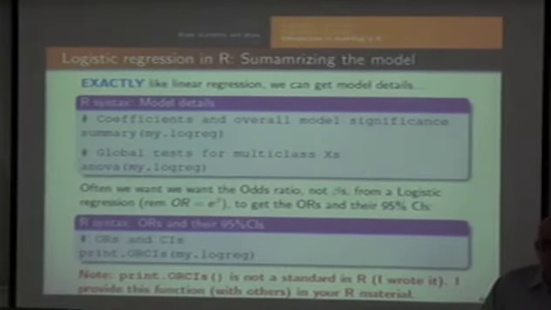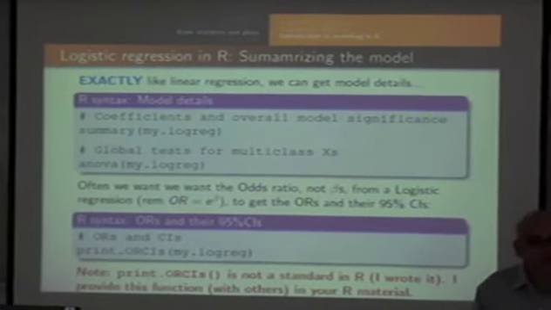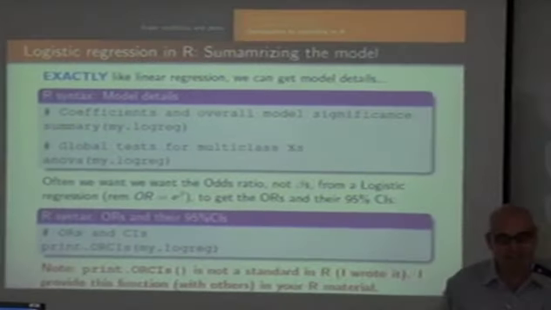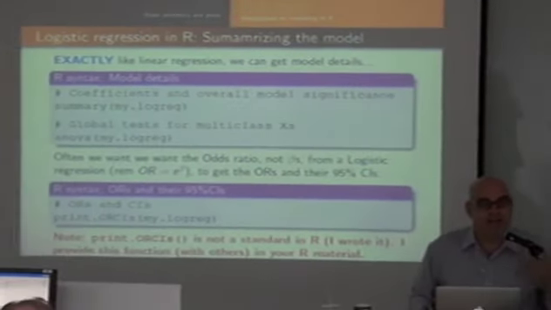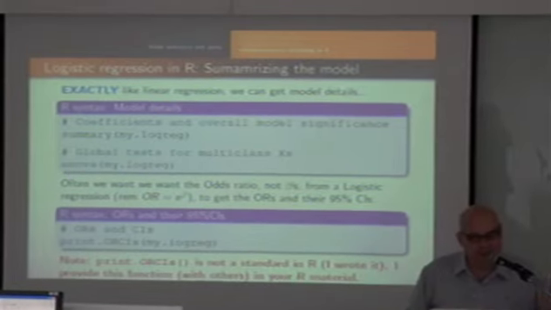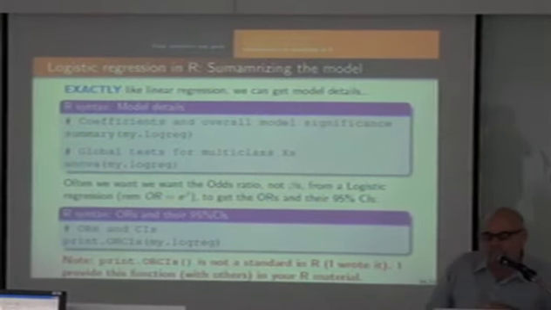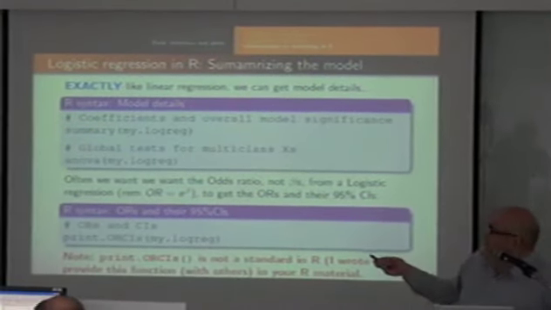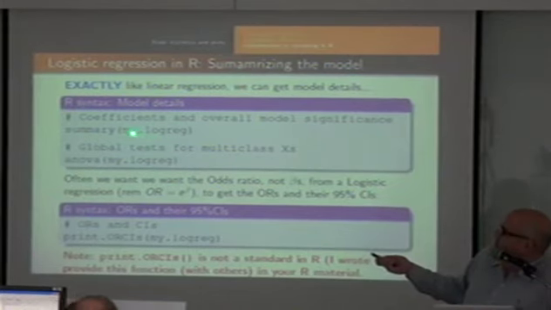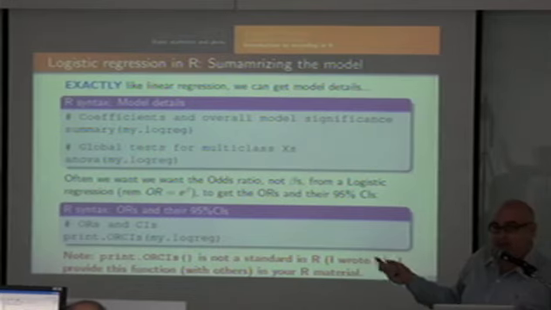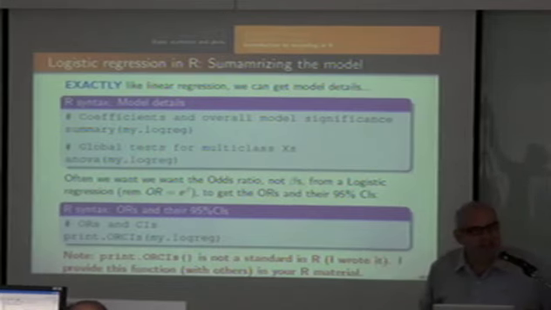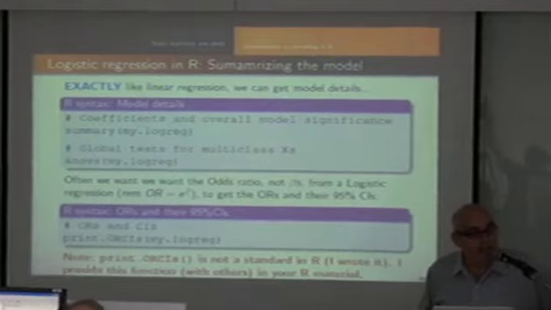Things don't change. They're really done exactly the same way. All models have betas. All models have some sort of ANOVA function for global tests, and so on. So if I want to look at the betas associated with my logistic regression, I just ask for the summary statement. It will give me the betas, which in a logistic regression represent what?